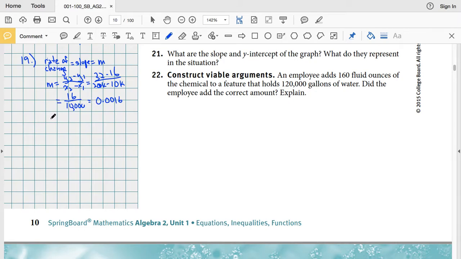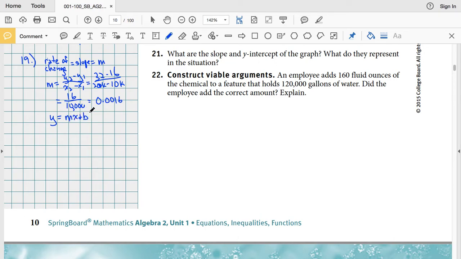So we're going to use that in our equation. We're trying to figure out y, which would be the fluid ounces. And that's equal to the rate of change. Actually, I probably should have said this to begin with. We're going to be using y is equal to mx plus b.